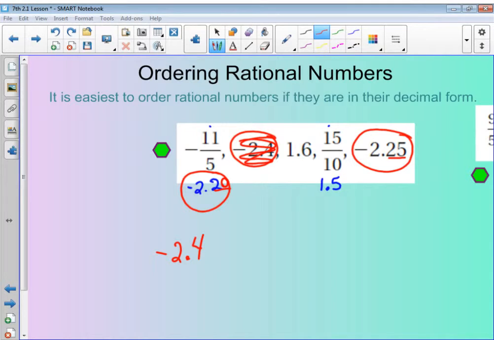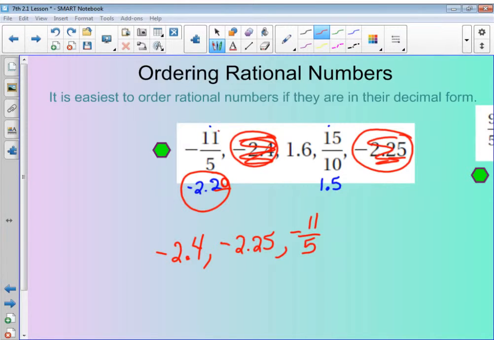So since we're working opposites, what would be the bigger of those two? Well, the negative 2.25. So really that's the smaller because it's negative. 2.25, so I'm done with that one. Now I have my only other negative left, which was negative 2.2, which was originally negative 11/5.